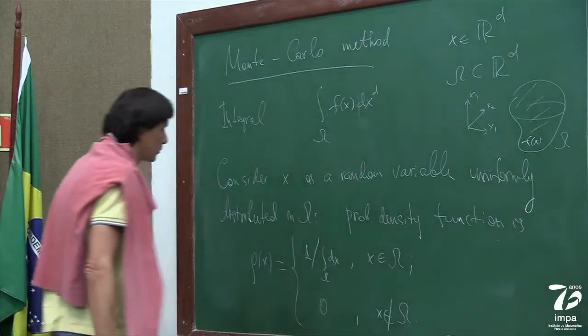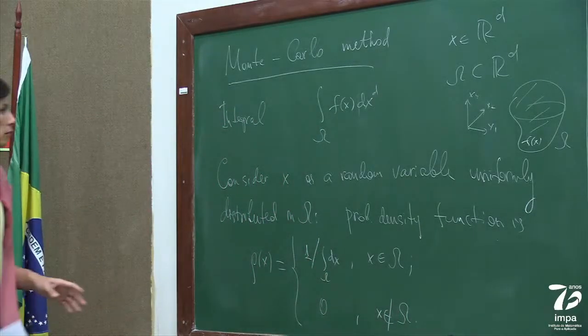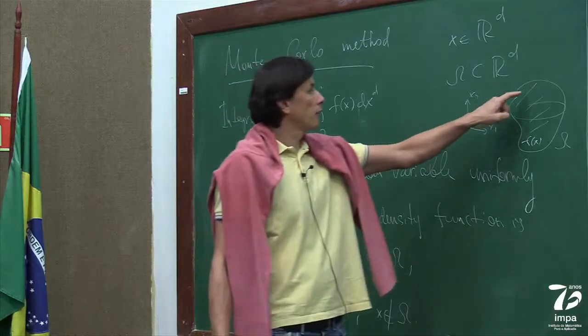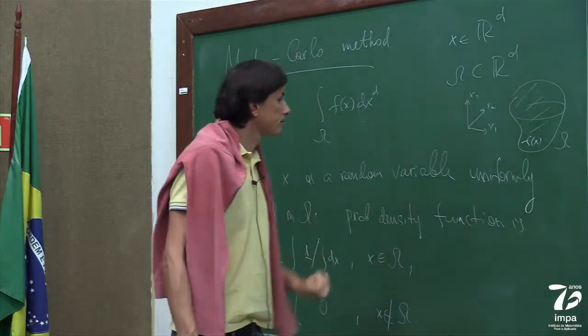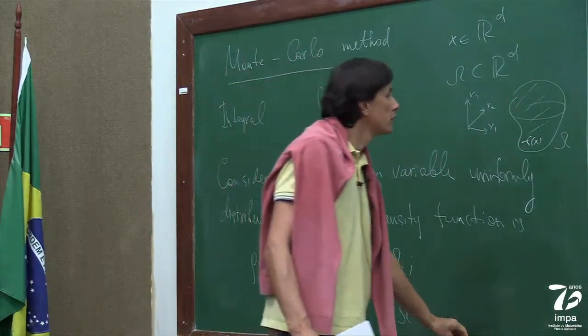So it's a simple probability density: the point can appear everywhere with equal probability inside the volume.